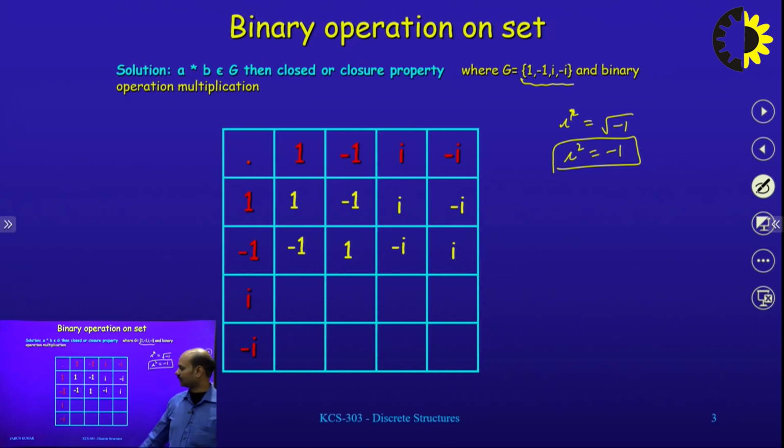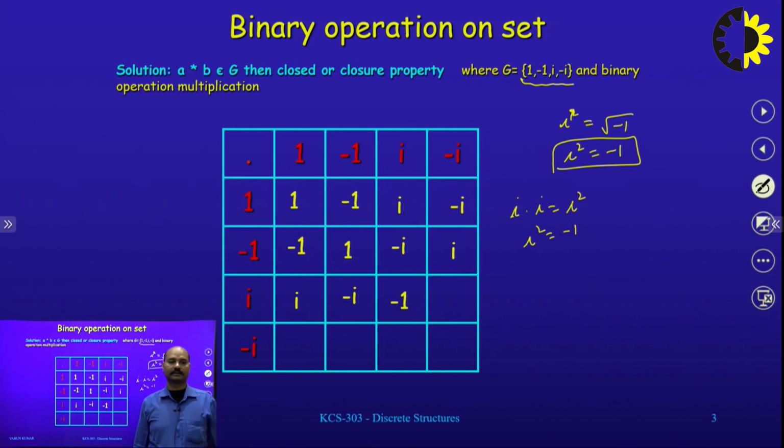If we multiply i with 1, the result is i, i multiplied by minus 1 becomes minus i, and i multiplied by i becomes i square.